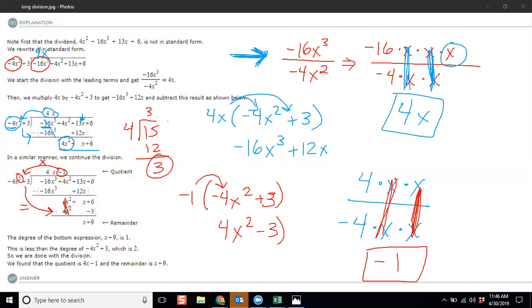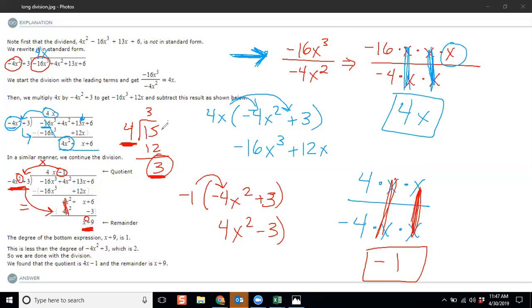This exponent is bigger than this exponent, and so we stop. We're talking about exponents now when we do this type of division. Here we just look at the numbers, and that's a little more obvious. When this number is bigger than this number, we stop. When this exponent is bigger than this exponent, we stop.